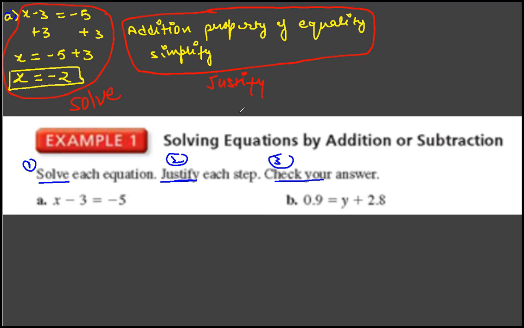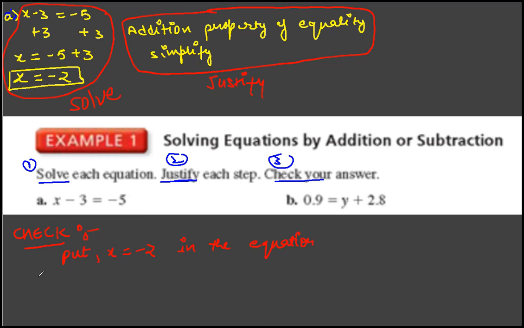And then what I will do is check. To check your answer, just plug your answer back into the equation. Here, what answer did you get? You get the solution x equals negative 2. So you'll put x equals negative 2 in the equation.